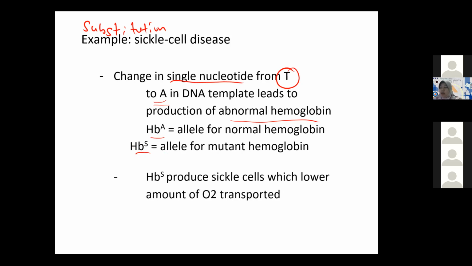The sickle cell will cause a lower amount of oxygen to be transported. So disebabkan oleh bentuk hemoglobin itu berubah, jadi sickle macam ni, nampak? So it somehow affects the amount of oxygen that can be carried by the hemoglobin.